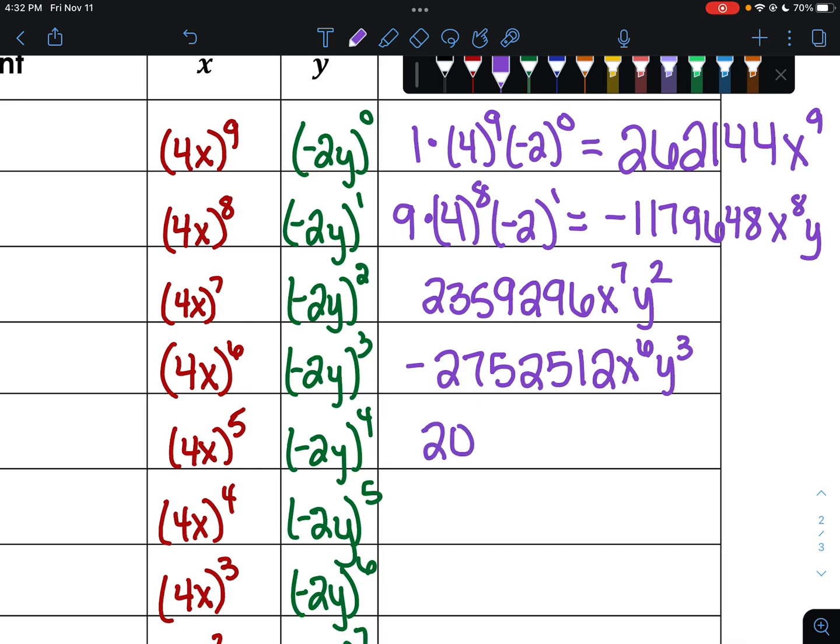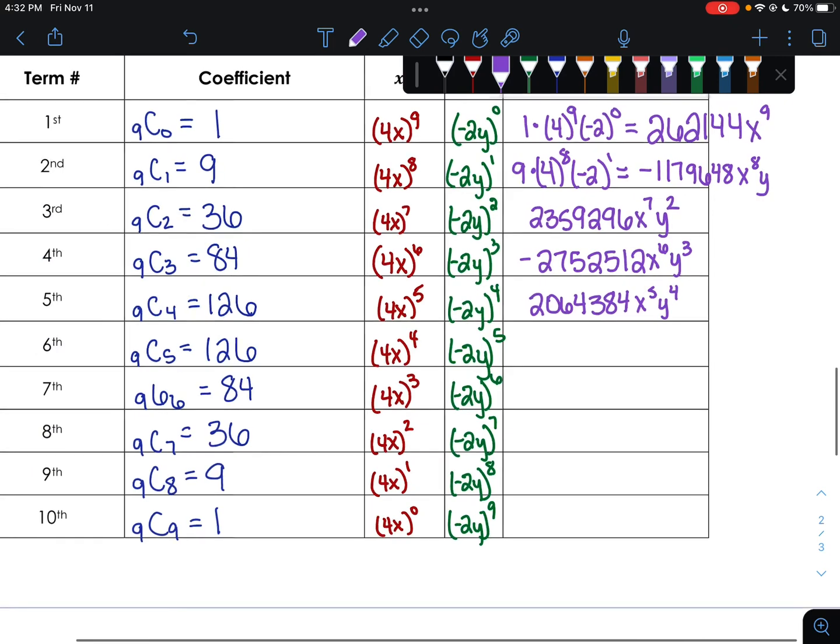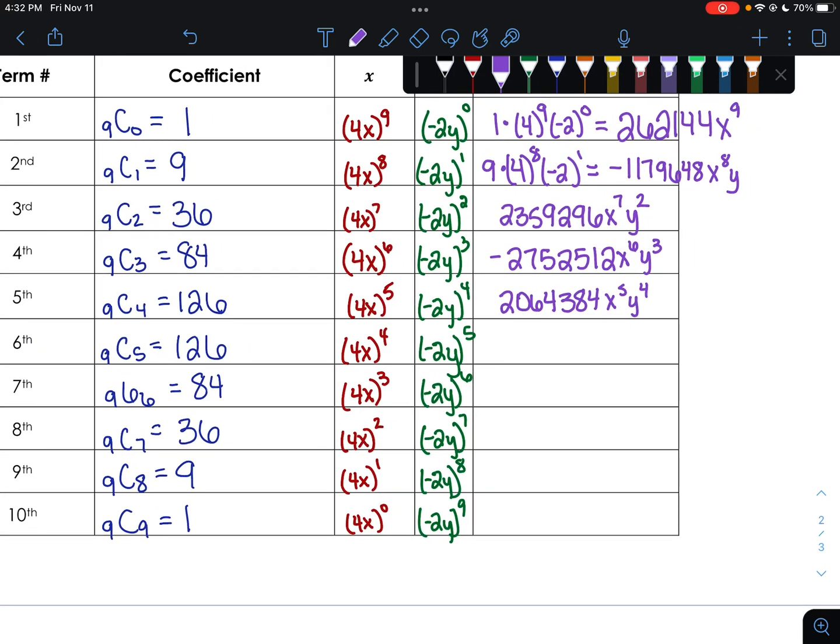Next, we have 2,064,384, x to the 5th, y to the 4th. Next, we have negative 1,032,192, x to the 4th, y to the 5th. Then we have 344,064, x to the 3rd, y to the 6th.